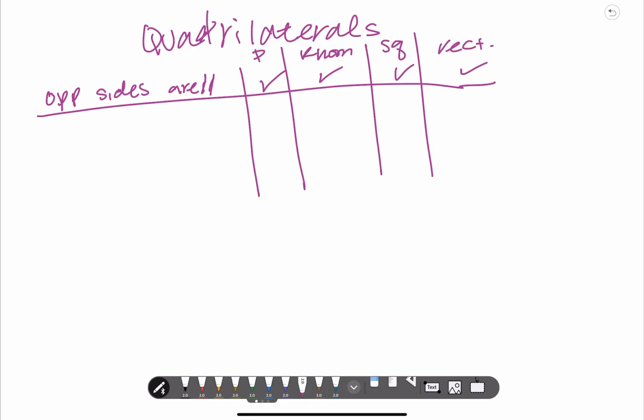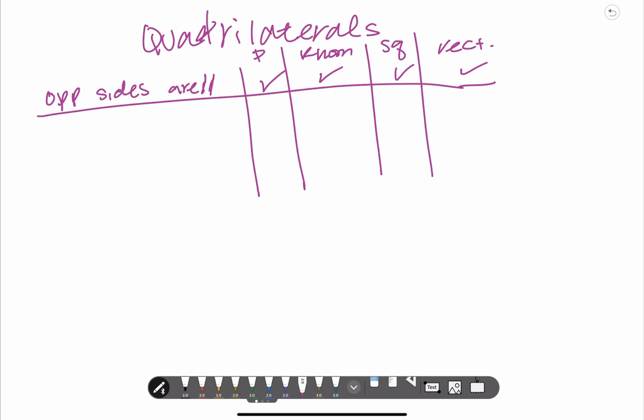The converse is also true. If the two sides are not parallel, then it's not one of these, but that means that the other end of it is that you're going to have trapezoids or kites. And we'll get to those in a second. So if your opposite sides are parallel, then it can be any of these four.